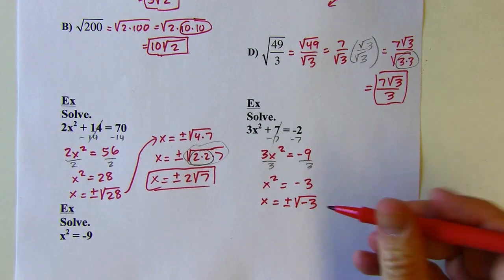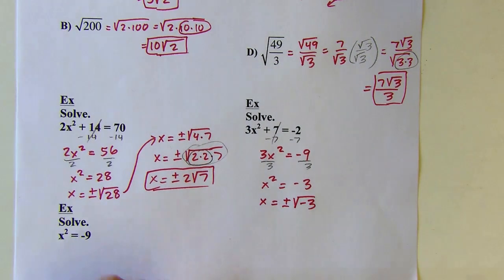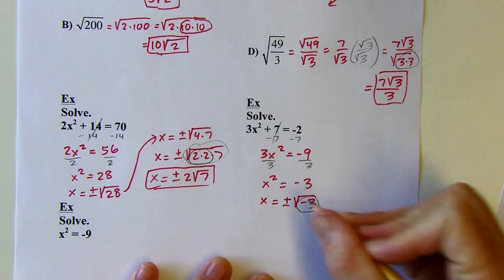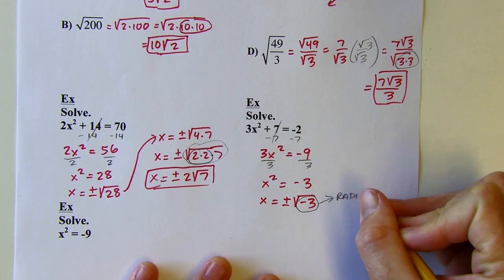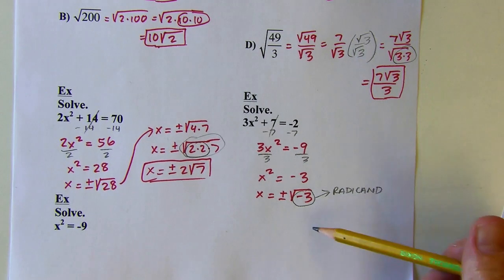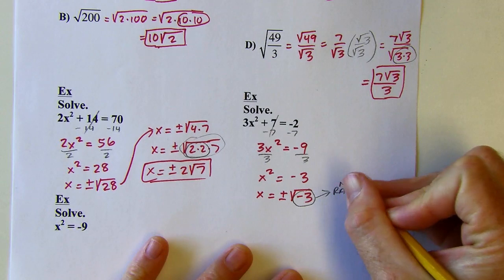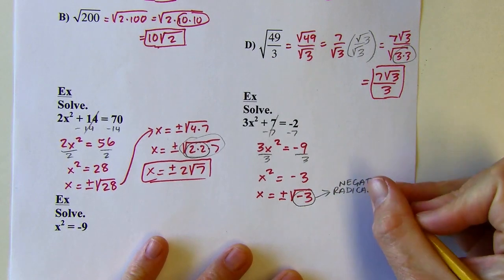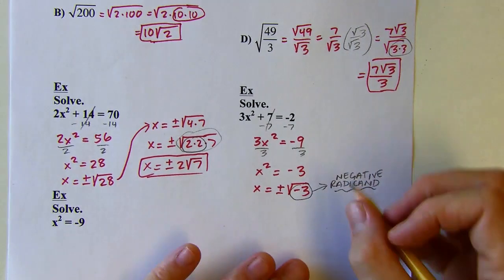But hang on, nothing times itself is going to equal a negative number, okay? So this part is called the radicand. Okay, and when we get a negative number as the radicand, if we have a negative radicand, we're going to say no real solution.